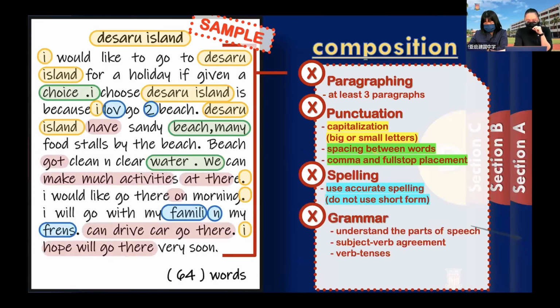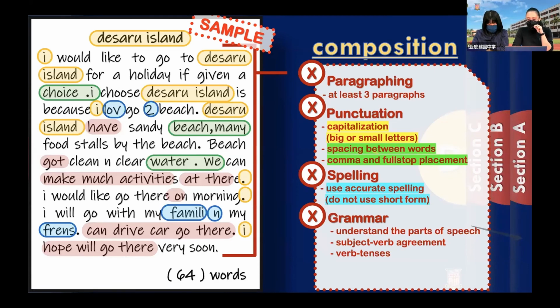The yellow one says capitalization is always very important. For the yellow highlighted ones, you need to always remember to use capital and small letters. The green highlights show you the punctuation, where your full stop should be. And the blue highlight is your spelling.